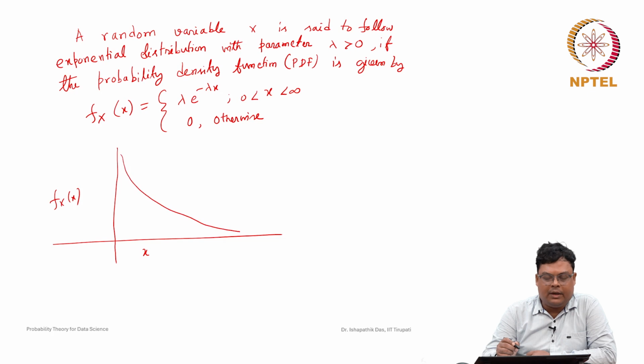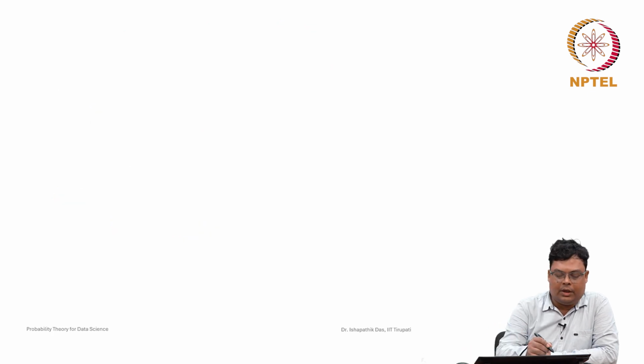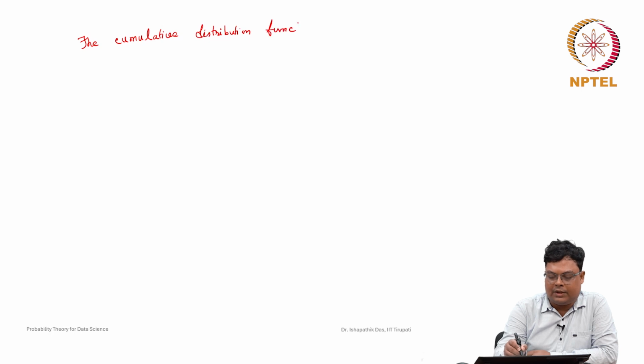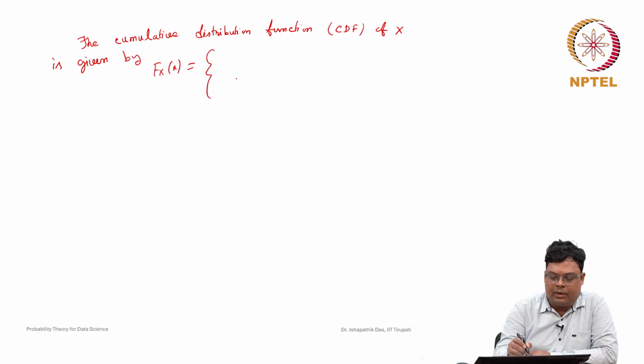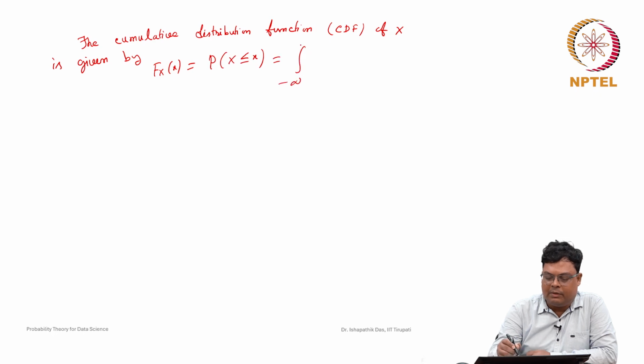Now, how can we find the cumulative distribution function? The cumulative distribution function, abbreviated CDF, F of x, is defined as probability that X is less than or equal to x, which is the integral from minus infinity to x of f of t dt.